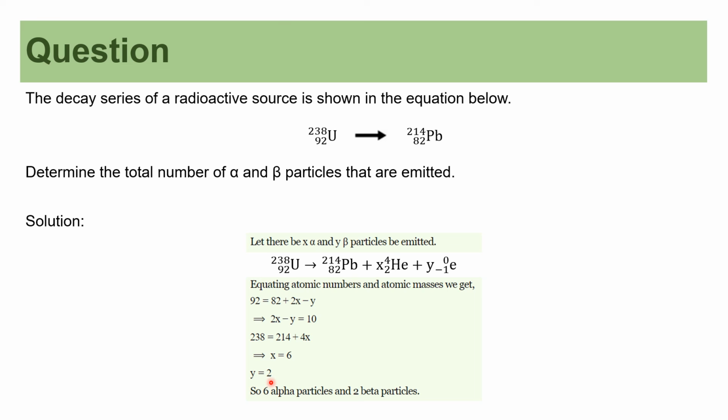You may check your answer by substituting both values into either one of the original simultaneous equations. Okay, so now we know that a total of 6 alpha particles and 2 beta particles are emitted.